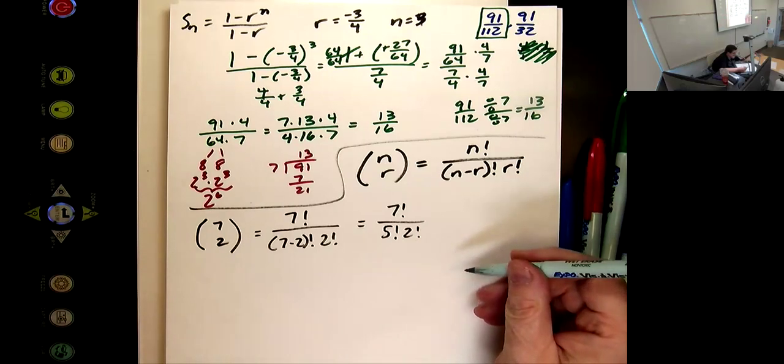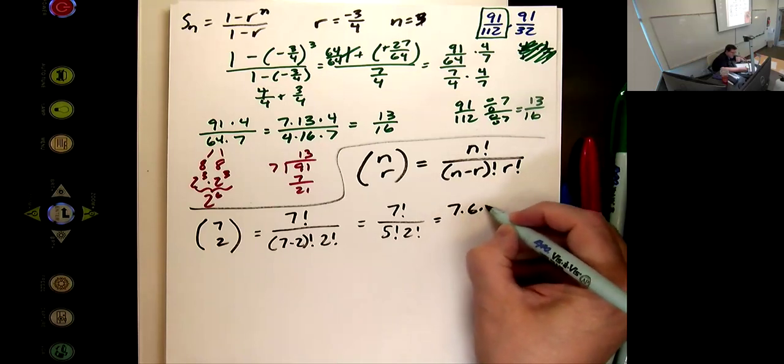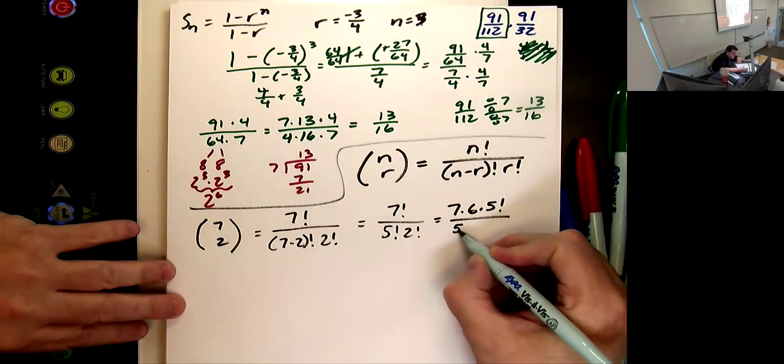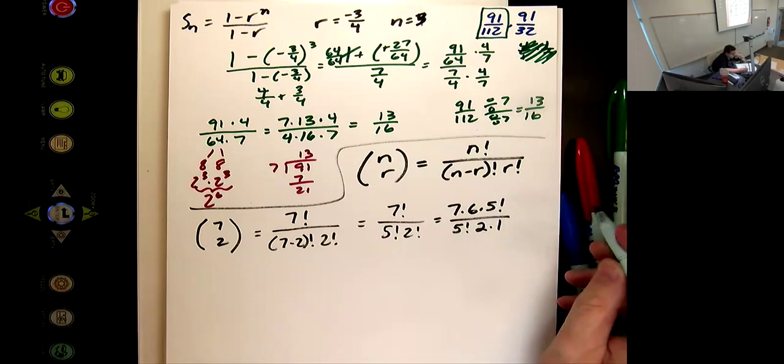And we talked about working smarter yesterday. Let's just get this down to the biggest factorial on the bottom. And I'm going to do 2 factorial, 2 times 1.